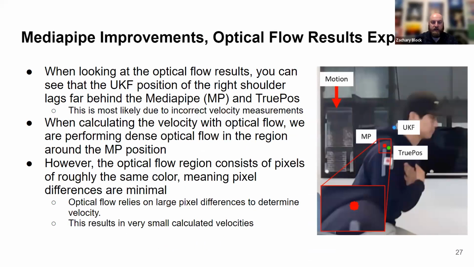Looking further into this, you can see here in the screenshot that the UKF result lags behind the Mediapipe and true position by quite a bit. This is most likely due to inaccuracies in the optical flow velocity calculations themselves. As stated previously, optical flow compares the pixels in 2 frames to determine how far they move. This is all done via the intensity or color of those pixels.